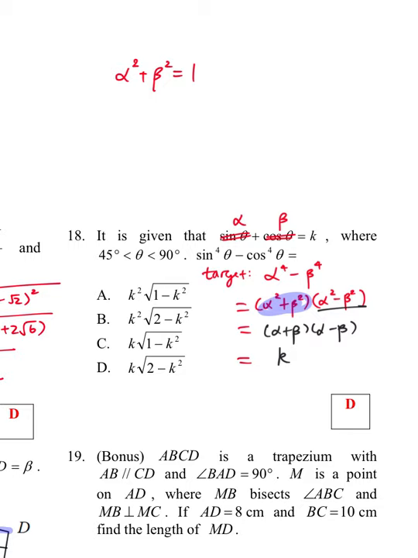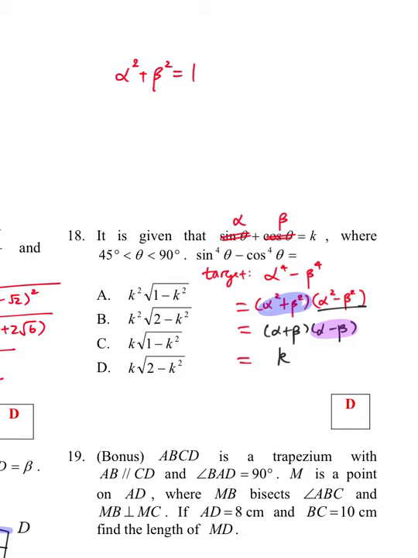But here comes a question: what will be alpha minus beta? Alpha minus beta means sine theta minus cosine theta. Since theta lies between 45 degrees and 90 degrees, sine theta must be greater than cosine theta, so it must be greater than 0.